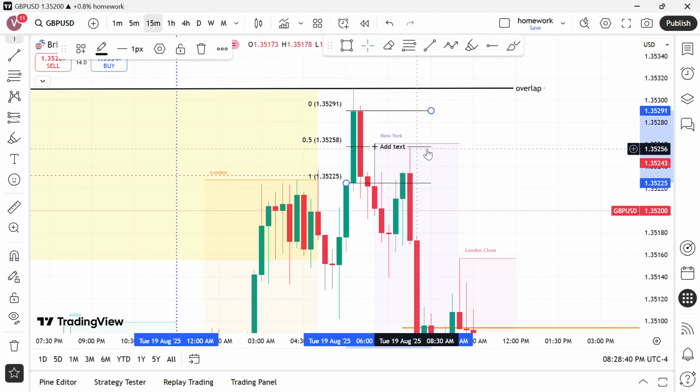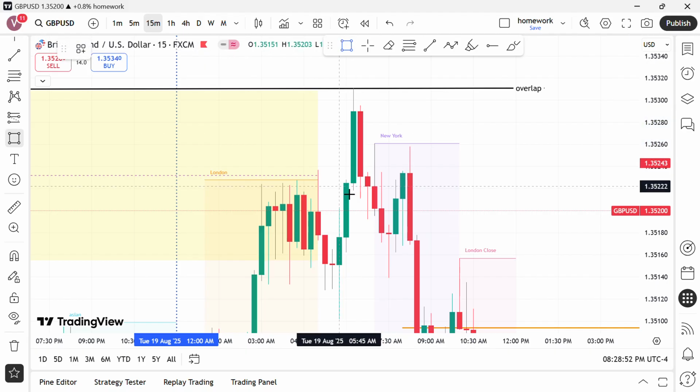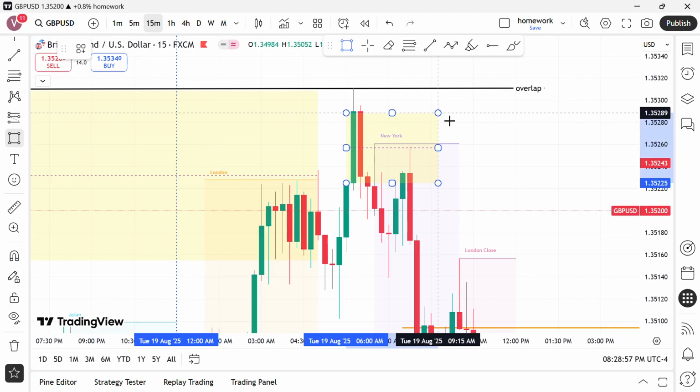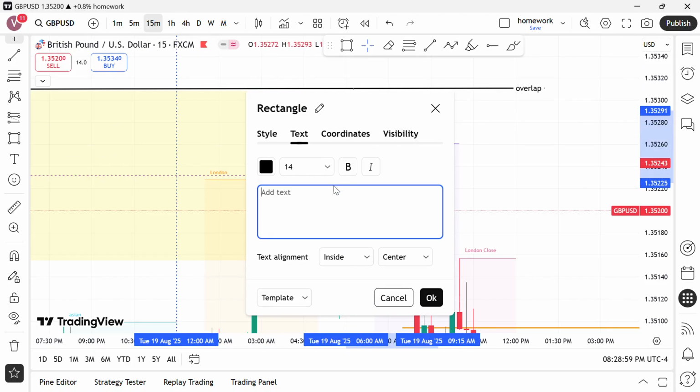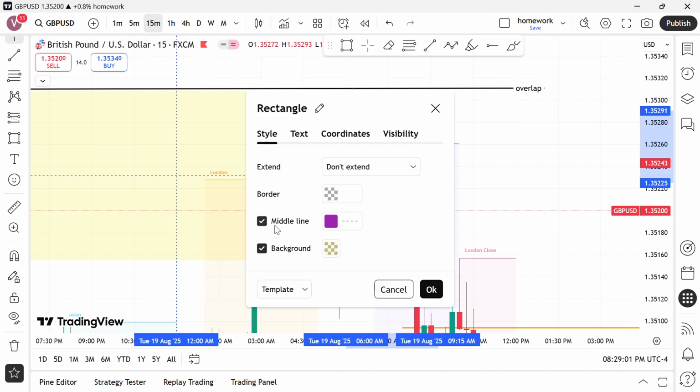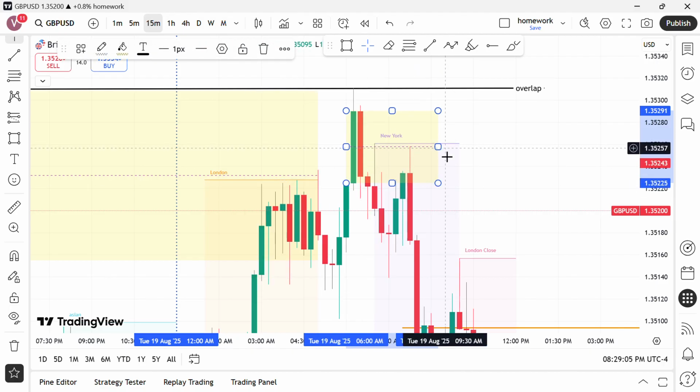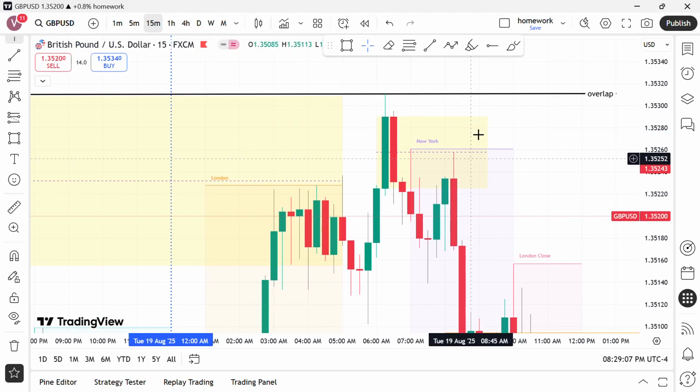If you take its mean threshold, which is a Fibonacci setting where it just divides it in half, or if you don't have the setting, you can just go to this box and extend the box. In the box settings, you will find styles and this middle line. You have to tick this middle line so that you get the same thing. It divides the box into two equal halves.